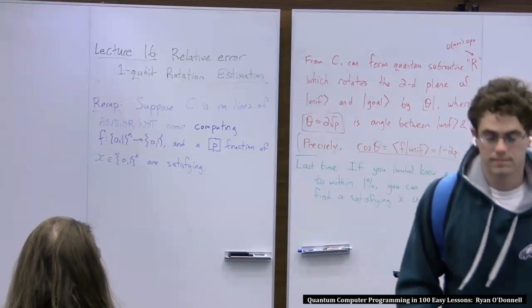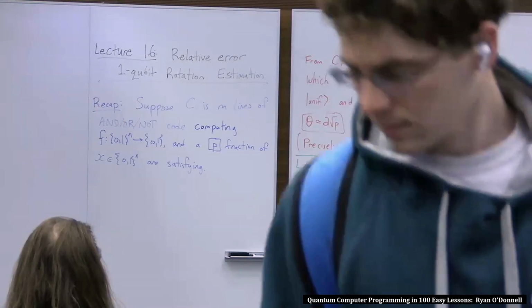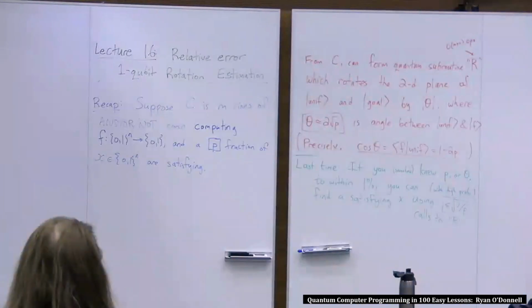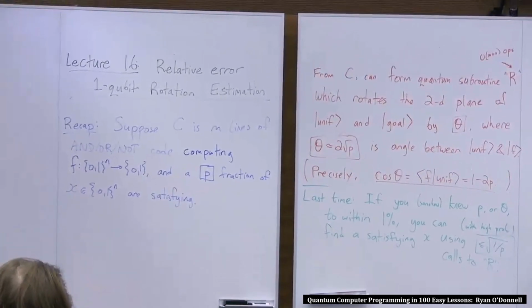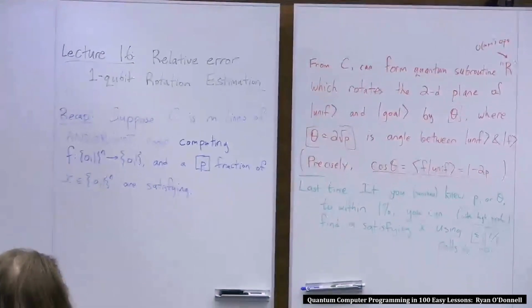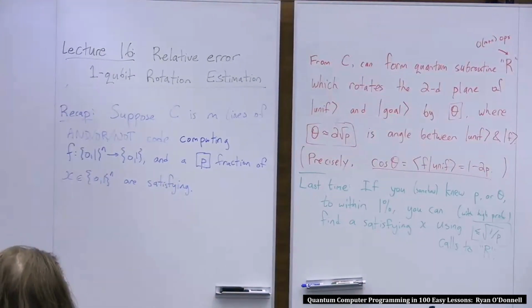You may remember that at the end of that, we were in the situation where we solved SAT, well, if only we could somehow estimate the fraction of strings that satisfied the AND-OR-NOT code C that we care about. Today we're going to see how to do that just as efficiently as we need in order to solve SAT quickly with the quantum algorithm.